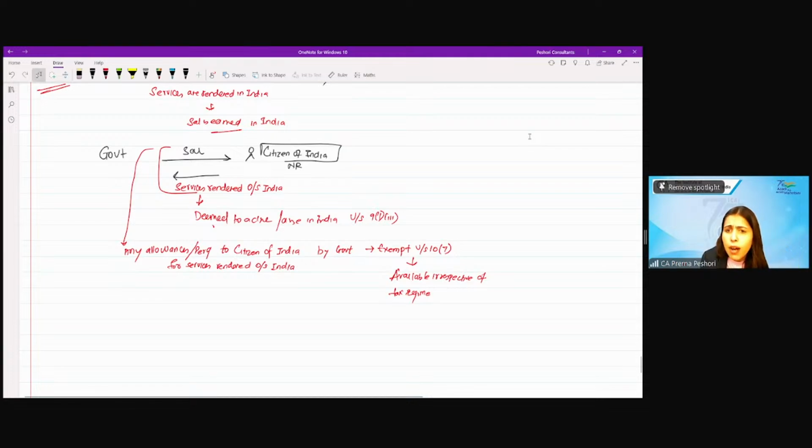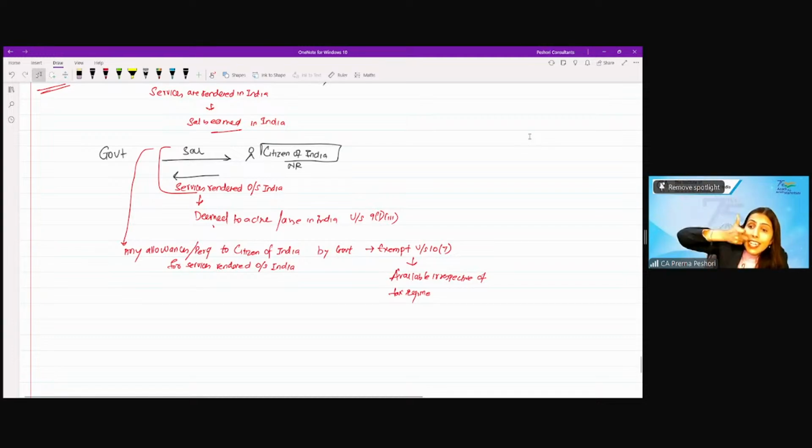So let's say, for example, Indian government has embassies in different countries. In India, we have the embassies of foreign countries. We have the embassy of Japan, the embassy of UK, every other country will have an embassy here in India. The employees who are coming here may be citizens of the other country, which is why they are employed in the embassy of those countries.